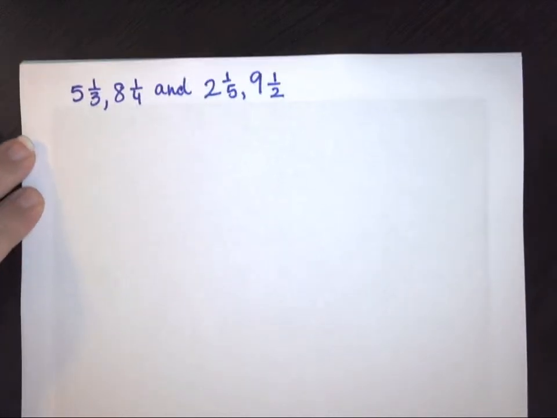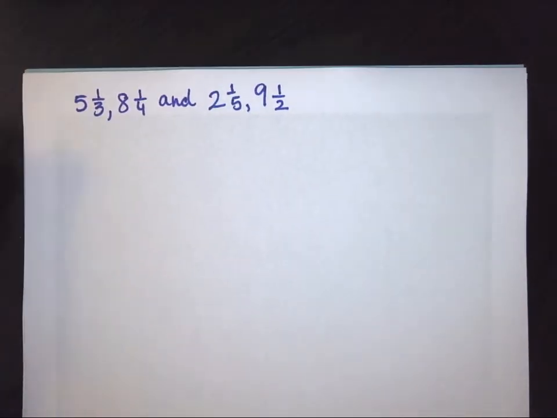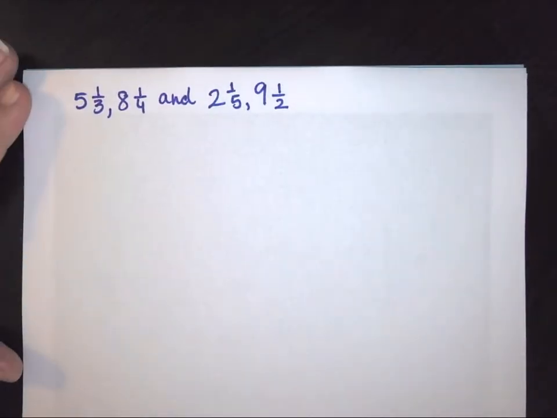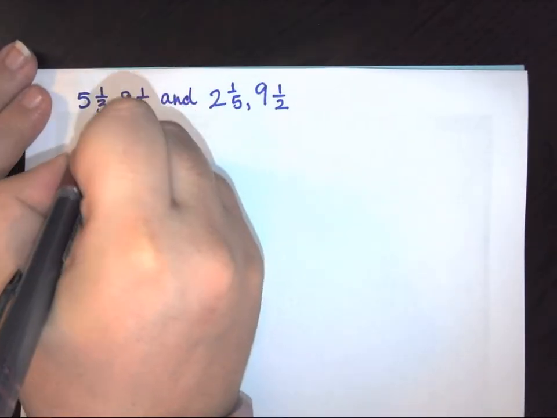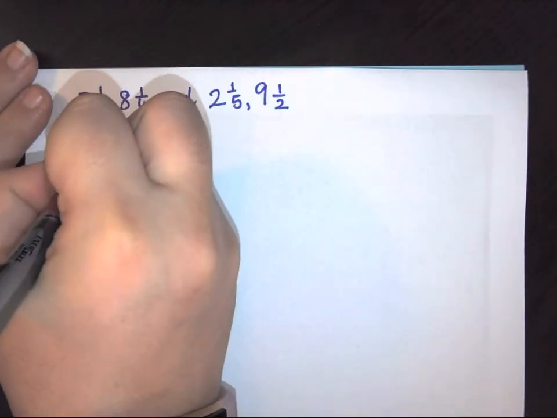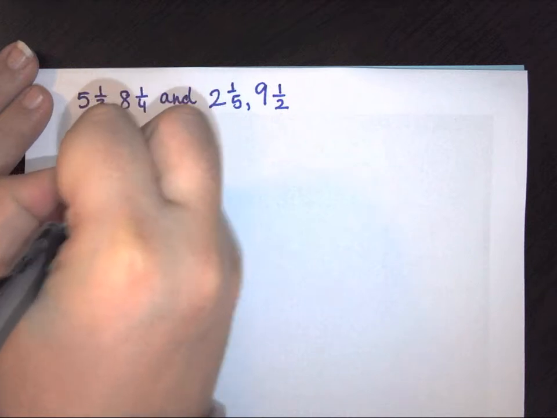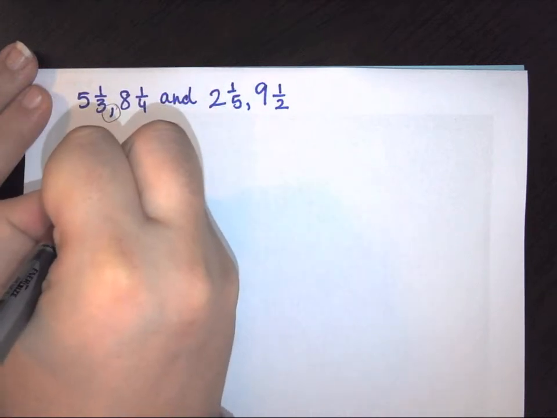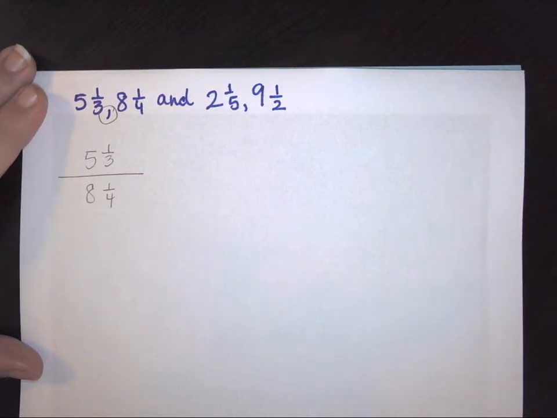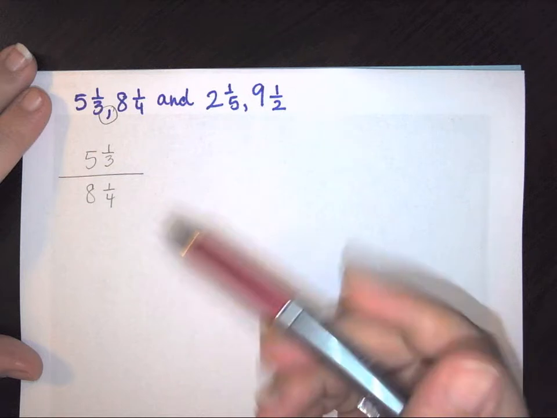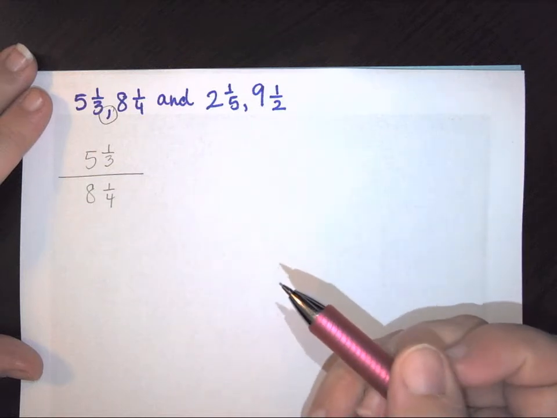So let's take a look at this one. Notice it's fractions. So before we even get to the cross product, one thing you want to do is take a look at them. So here we're going to have 5 and 1/3 is to 8 and 1/4. In doing that, one thing that I would do is change these over to improper fractions.